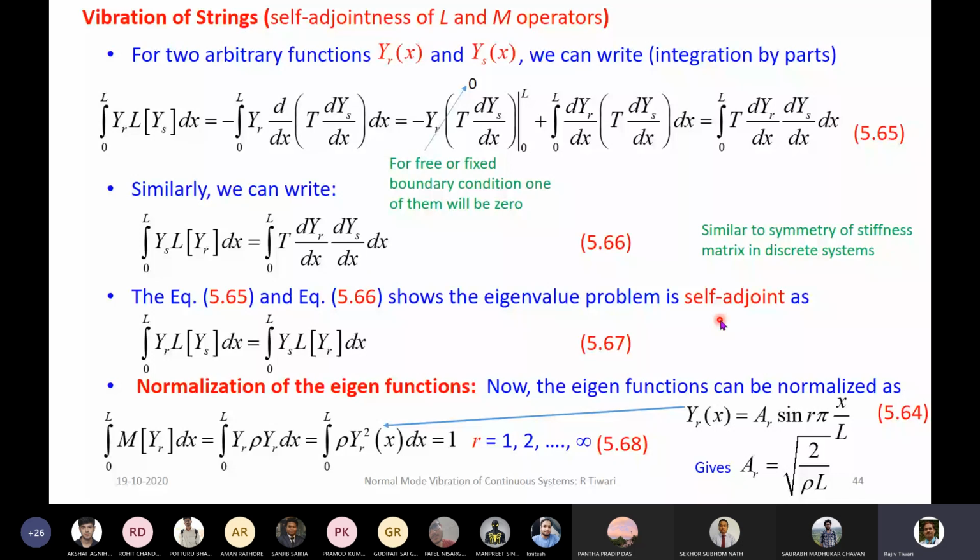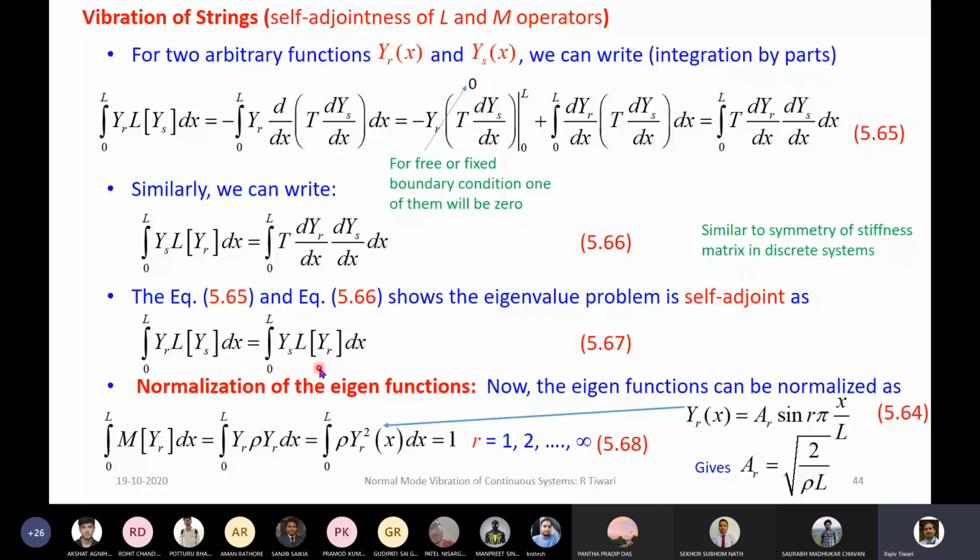As I mentioned for the discrete system, this is similar to the symmetry of the stiffness matrix. The L operator is related to the stiffness. So if this condition prevails, we call it a self-adjoint operator.